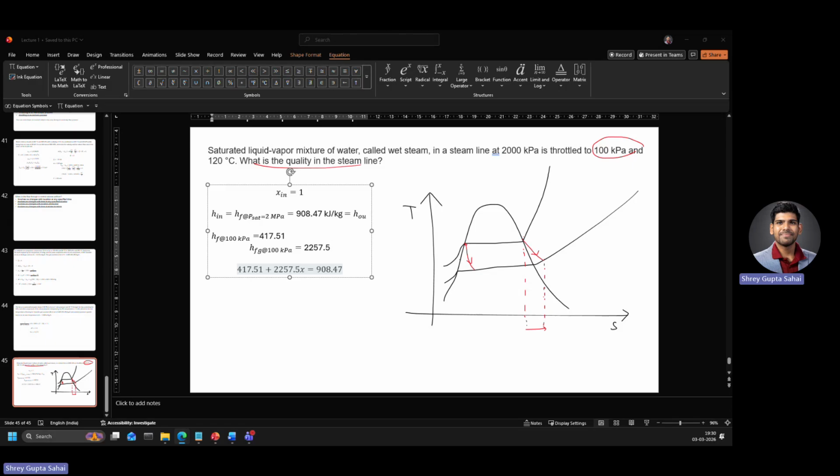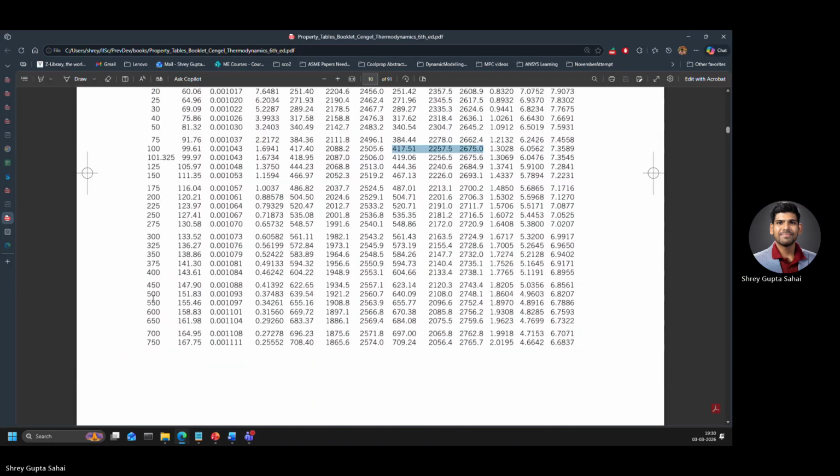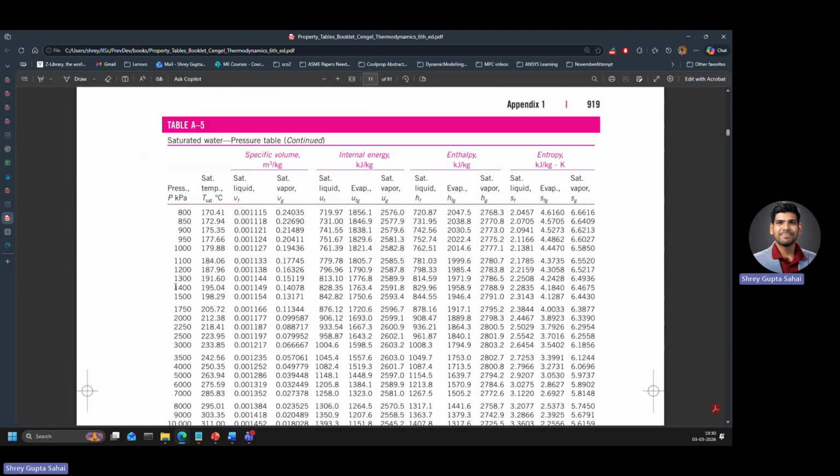I've done something wrong. Let me check. 2000 kilopascals is this. So I took HF as 908. See, if you are in a saturated vapor zone, then definitely you cannot get a quality lower than 1. Definitely you have to be in the liquid region, 908.